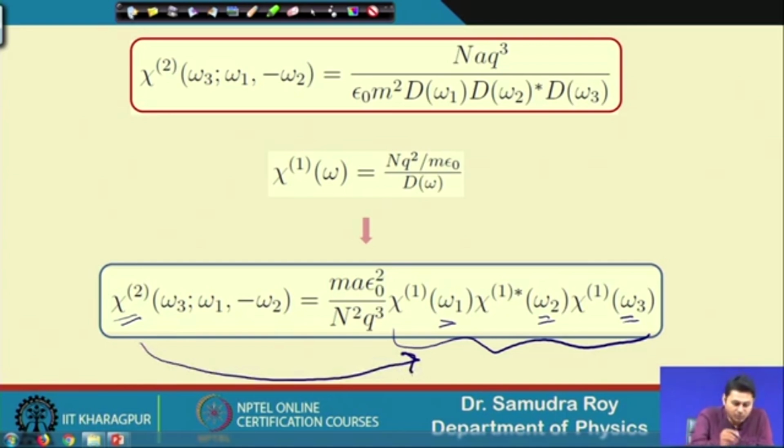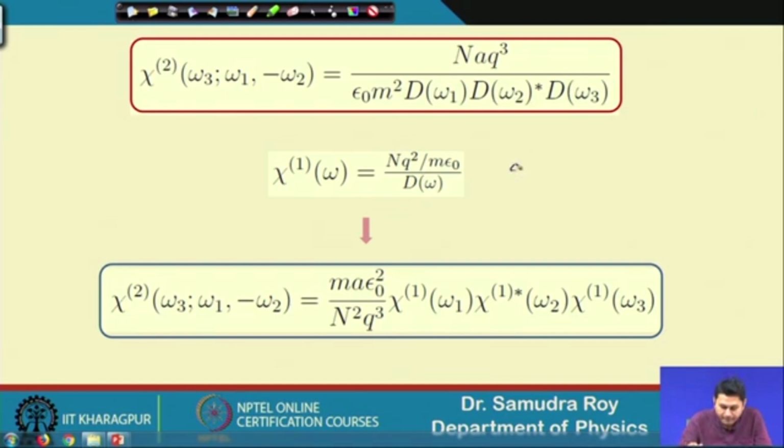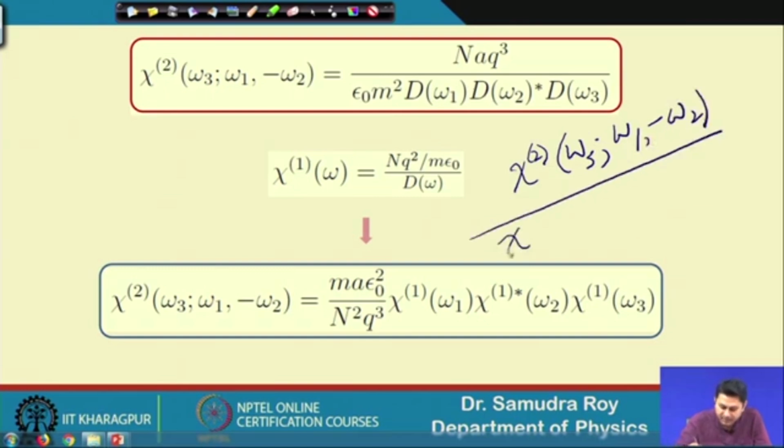Also, one thing to note is that if you make the ratio of the second order susceptibility, for example, I am making a ratio, omega 3 which is coming as a frequency omega 1 and another frequency minus omega 2, divided by the first order susceptibilities of first order at different frequencies with a star term here at omega 3.